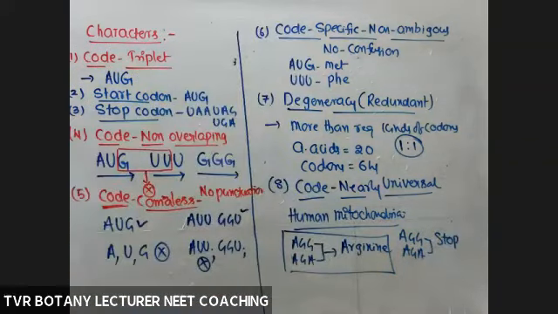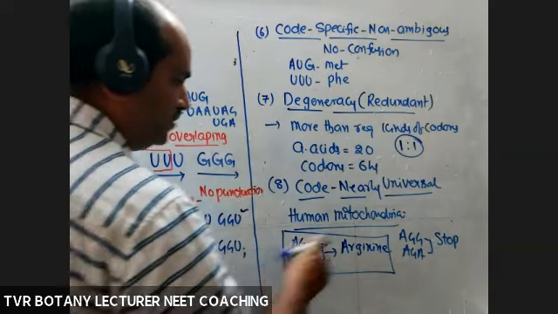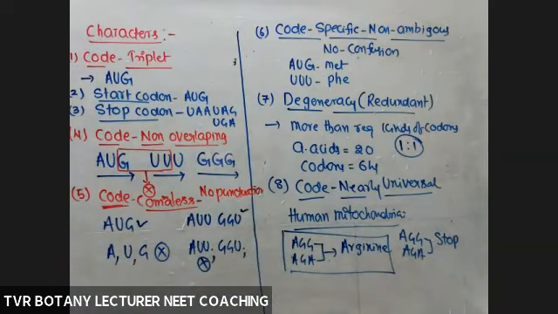Basically, AGG and AGA code for arginine according to the triplet codon concept. But in human and animal mitochondria, AGG and AGA act as nonsense codons. So a sense codon becomes a nonsense codon. So the code is not 100% universal.